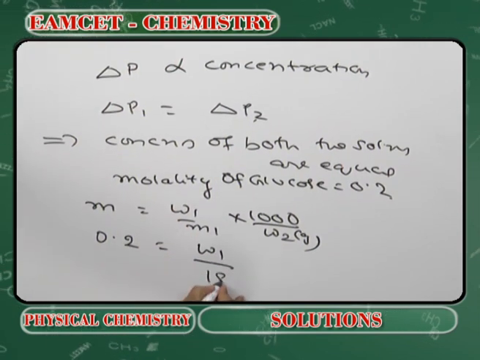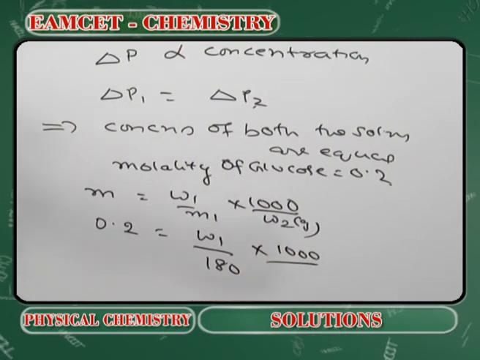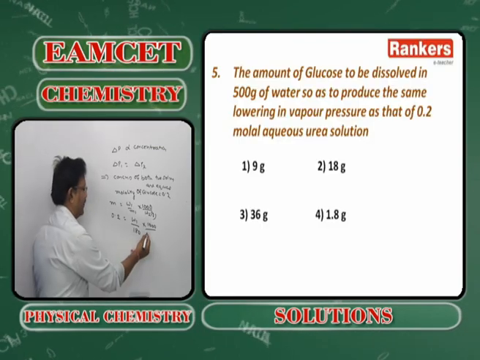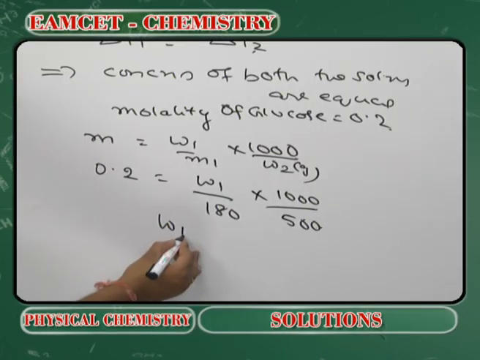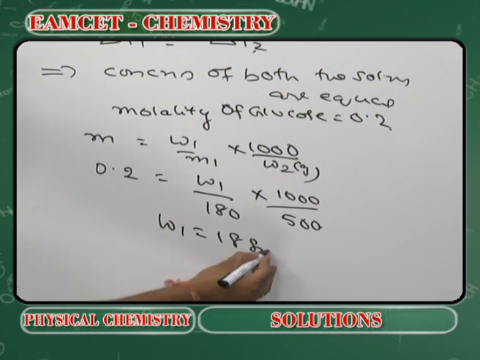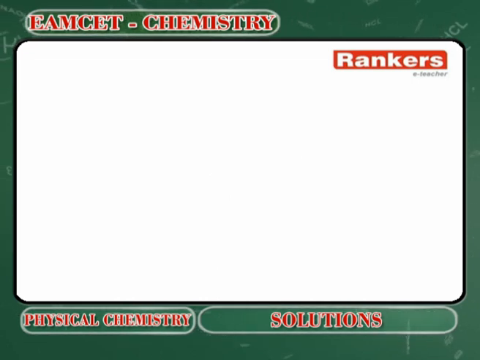W1 by 180 into 1000 by 500, since the weight of the solvent is 500. So W1 must be 18 grams. This is the concept. Only one step. Next question.